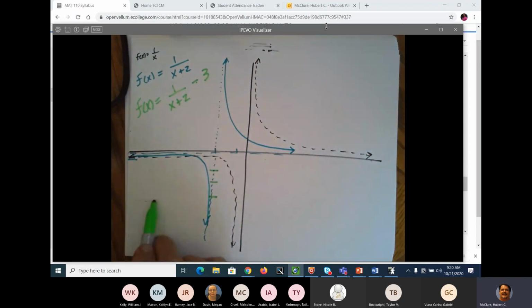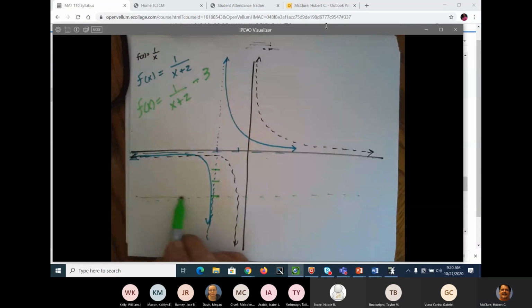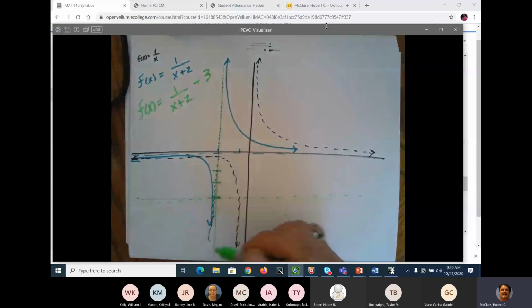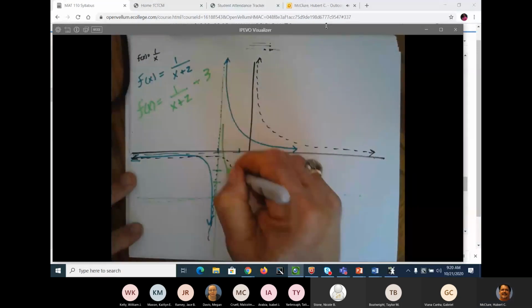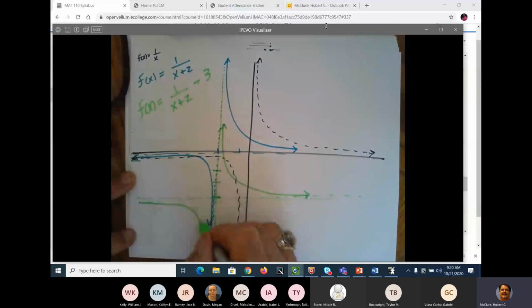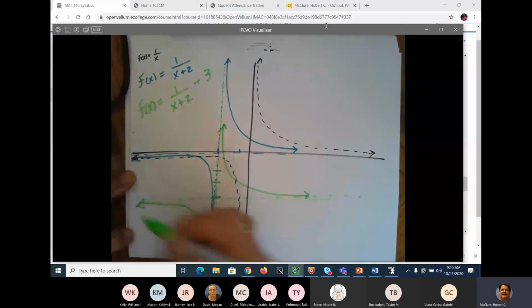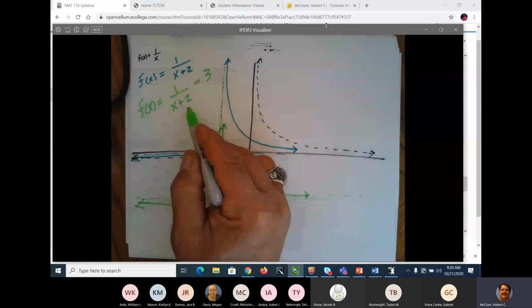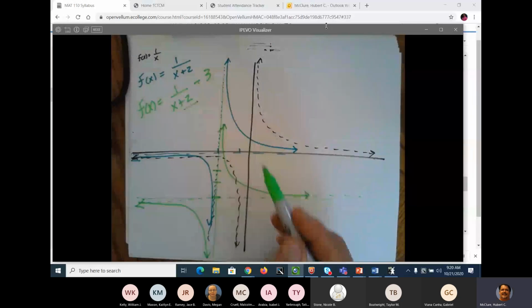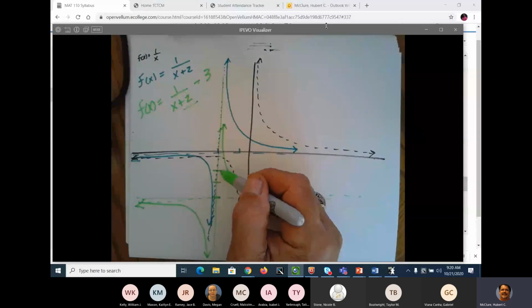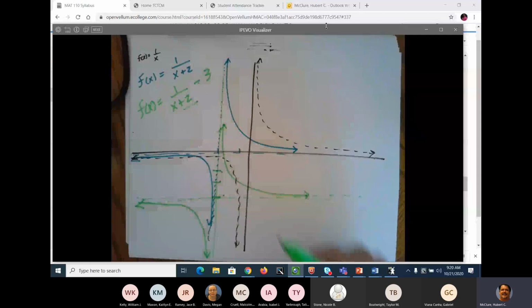So now we've got a new horizontal asymptote, and the vertical is the same. That graph. So now the green is a horizontal shift 2 to the left, 1, 2, and then 3 down, 1, 2, 3.